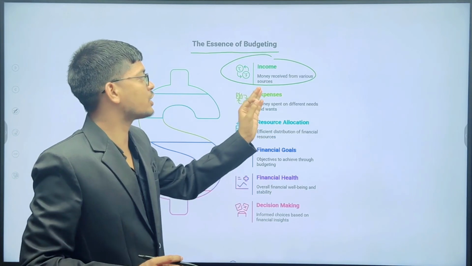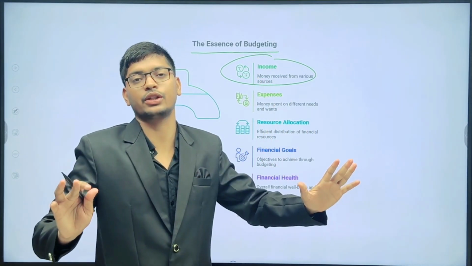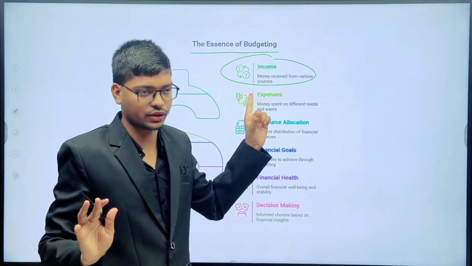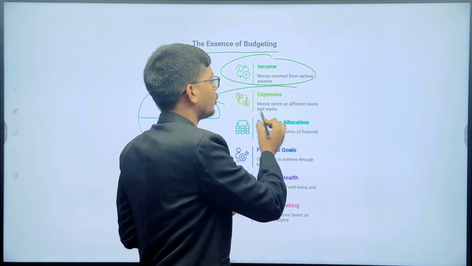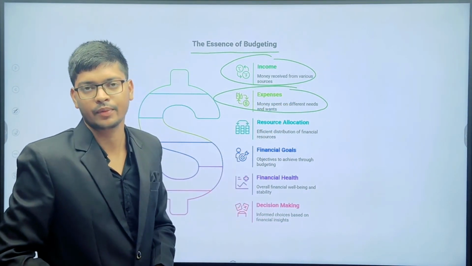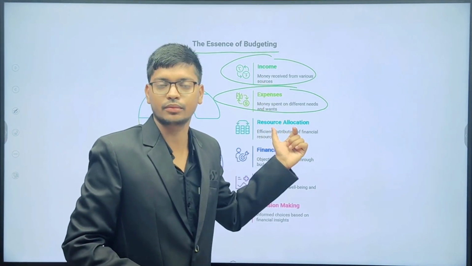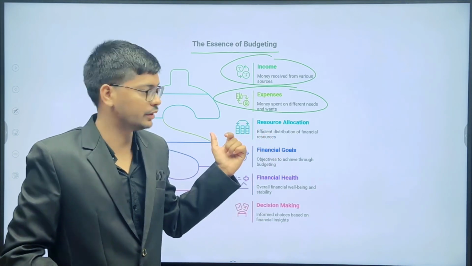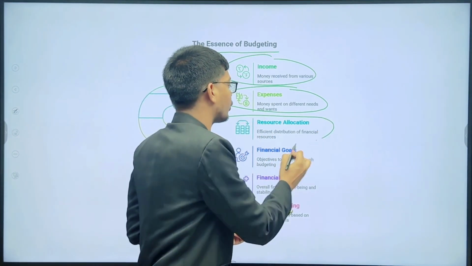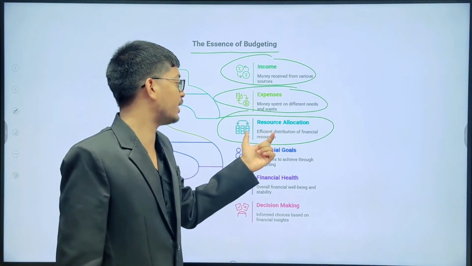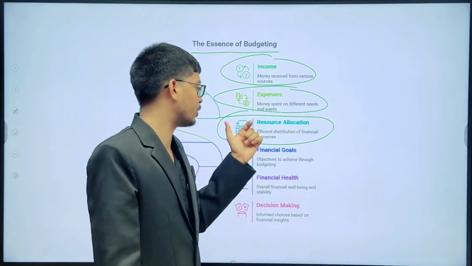Money received from various resources is called income. Then you focus on your expenses. Expenses mean your needs and your wants. Then you focus on resource allocation, the efficient distribution of financial resources.